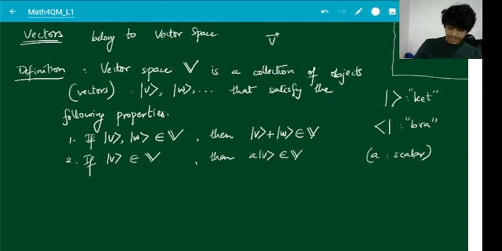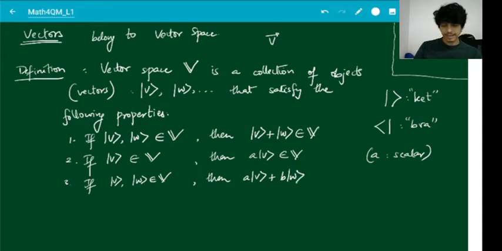And then you can combine these and you can say that if V and W are vectors in the vector space, then I can multiply each of them by some scalar quantity, and this sum, A times vector V plus B times vector W, must also belong to the vector space. So A and B are both scalars.